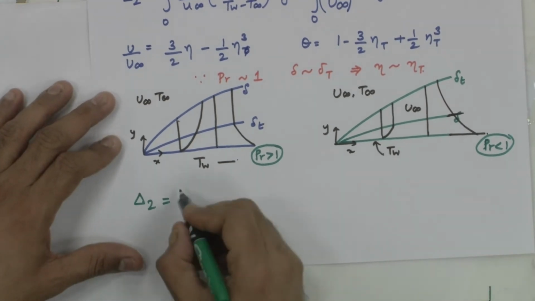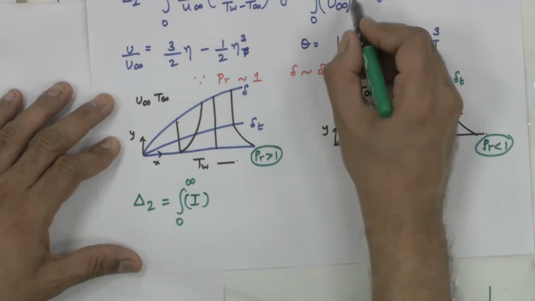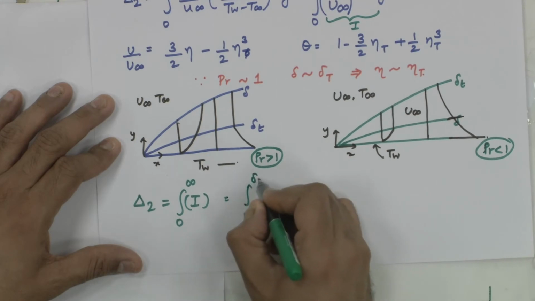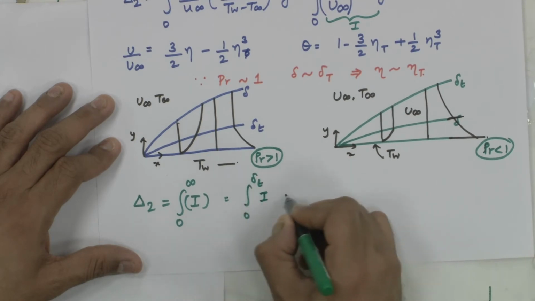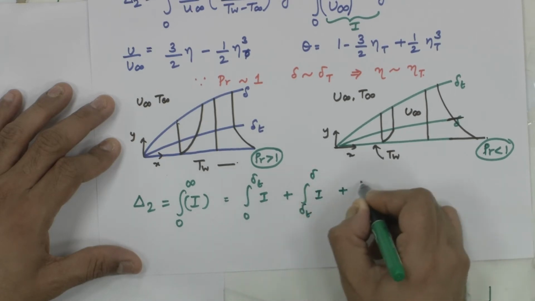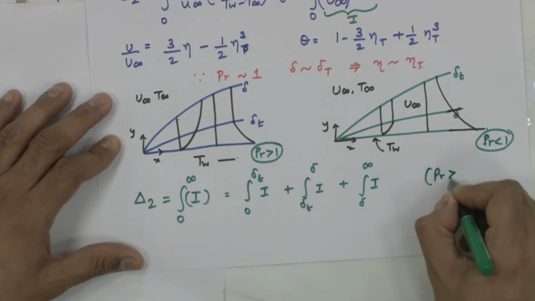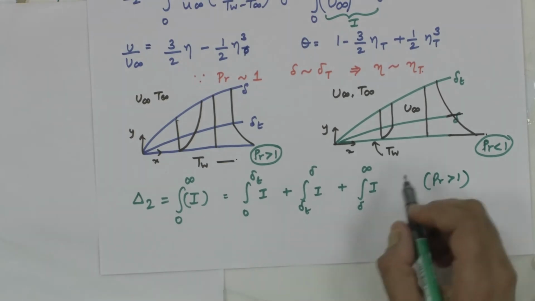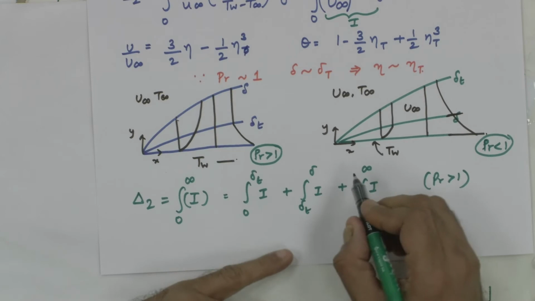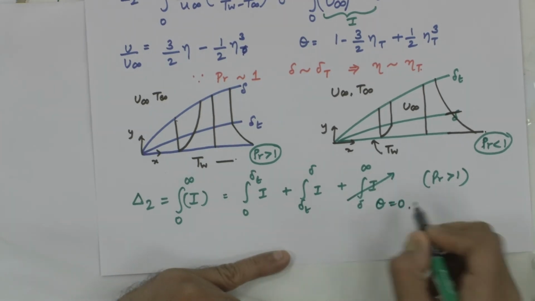So when I split this integrand from 0 to infinity, I just call this I. This has to be split from 0 to delta t integrand plus delta t to delta of the integrand plus delta to infinity. This is for Prandtl number greater than 1. Beyond this one, theta is equal to 0. So this is 0. Theta equal to 0.